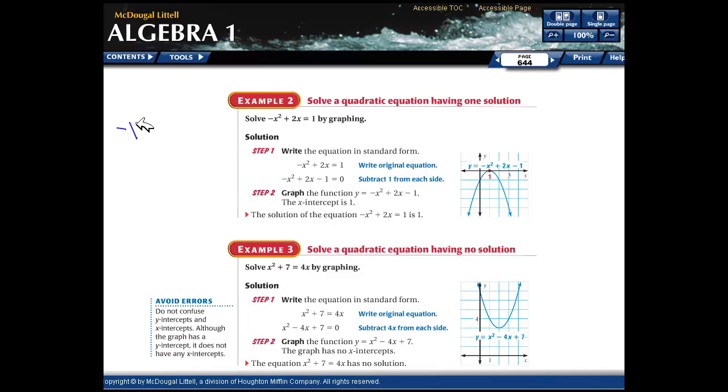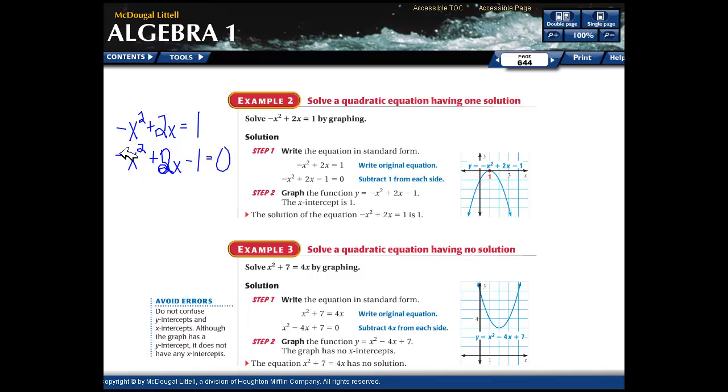So let's try this one. Negative x squared plus 2x equals 1. You have to write it in standard form first. So negative x squared plus 2x minus 1 equals 0.